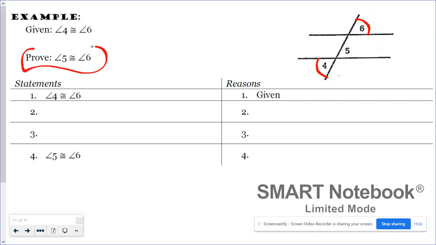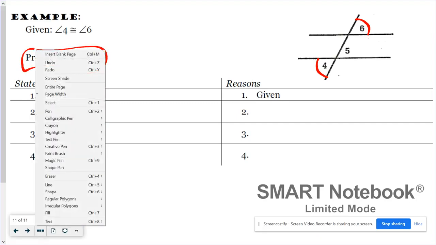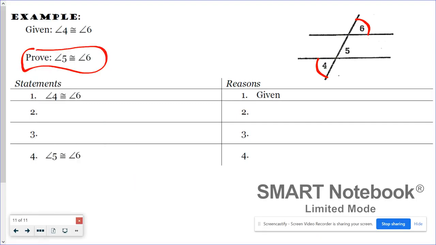We're trying to prove that angle 5 is congruent to angle 6. So in order for us to like be ready to do that, angle 5 must be in our proof, angle 6 must be in our proof. Right now, angle 6 is in our proof. So what about angle 5? How can we bring angle 5 into this proof?